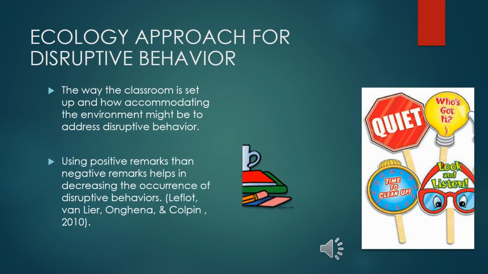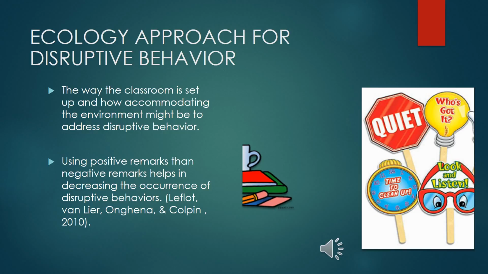Ecological approach for disruptive behavior. The topic is addressing disruptive behavior in the classroom using an ecological approach. When you look into it, it's the way the classroom is set up and how accommodating the environment might be in addressing disruptive behavior. We have different students that go into the classroom and the environment matters a lot.